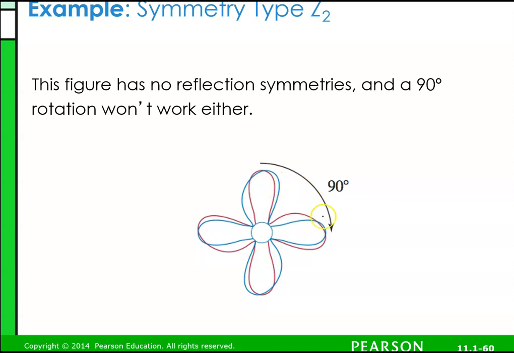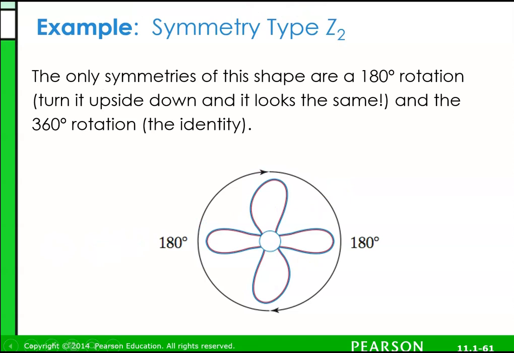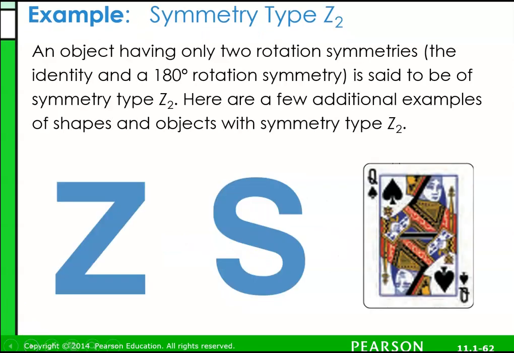We have to match the top one to the bottom one. So that gives it symmetries of 180 and 360 only. This is an example of Z sub 2.